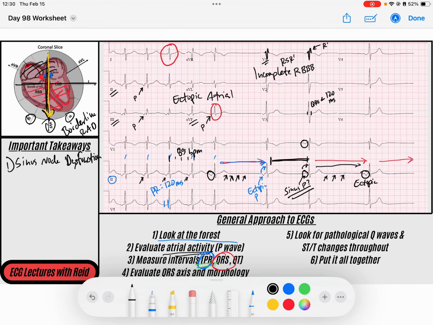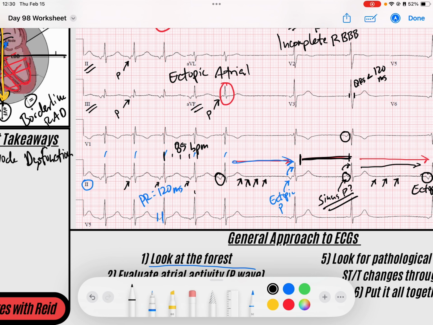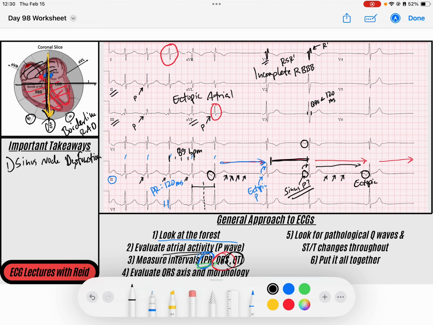And so the last thing we'll do, now that we've evaluated those things, is we can look at the QT interval. If you look maybe at this tachycardic portion, if I draw between two QRS complexes and I draw a line down the middle, you can see my T wave pretty much ends by that point, so I'm happy with my QT interval. Last thing we'll do is we'll look for pathological Q waves. We'll look for ST or T wave changes throughout.